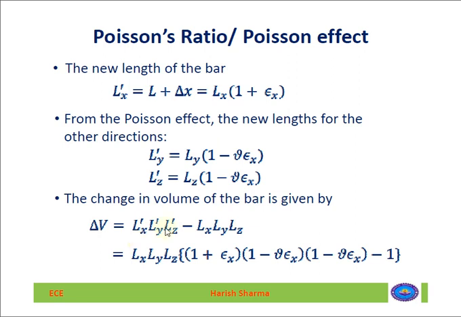Or we can write, using these equations and putting in the values of Lx dash, Ly dash and Lz dash, Lx into Ly into Lz multiplied by 1 plus epsilon x, 1 minus mu epsilon x, 1 minus mu epsilon x, minus 1, where 1 is the original value. So this equation we will get.